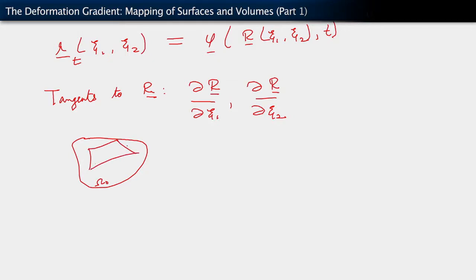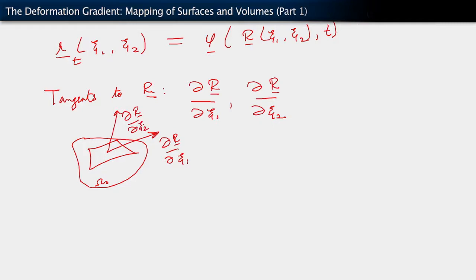Let's suppose that is partial of R with respect to C1, and maybe that is partial of R with respect to C2.